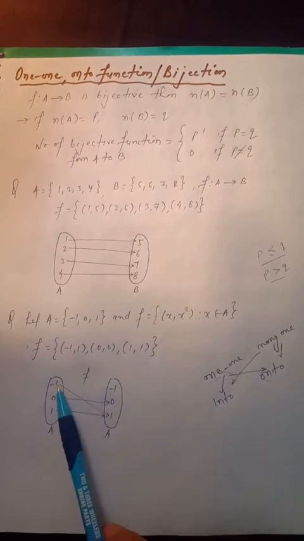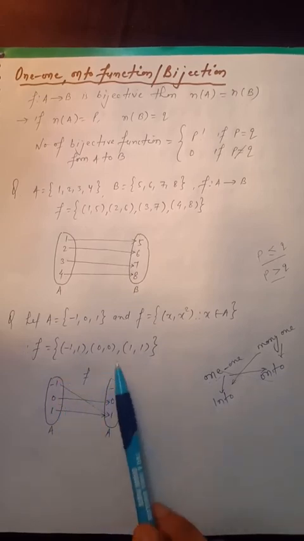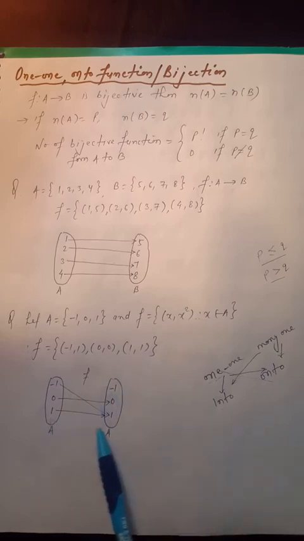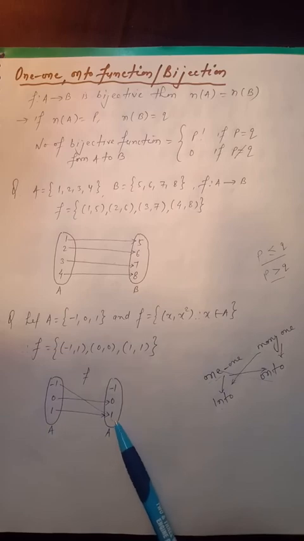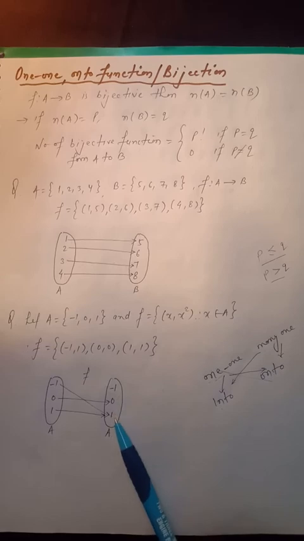You can observe minus 1 is related to 1, 0 is related to 0 and 1 is related to 1. So here there are two arrows on 1, therefore this function is many-one, and this element is left in the set, therefore the function is into, not onto. So this function is many-one into, right?